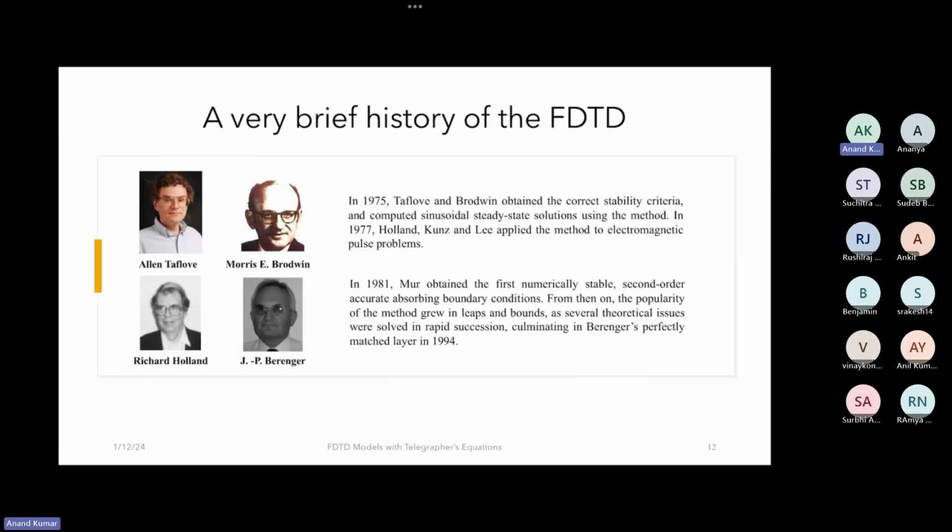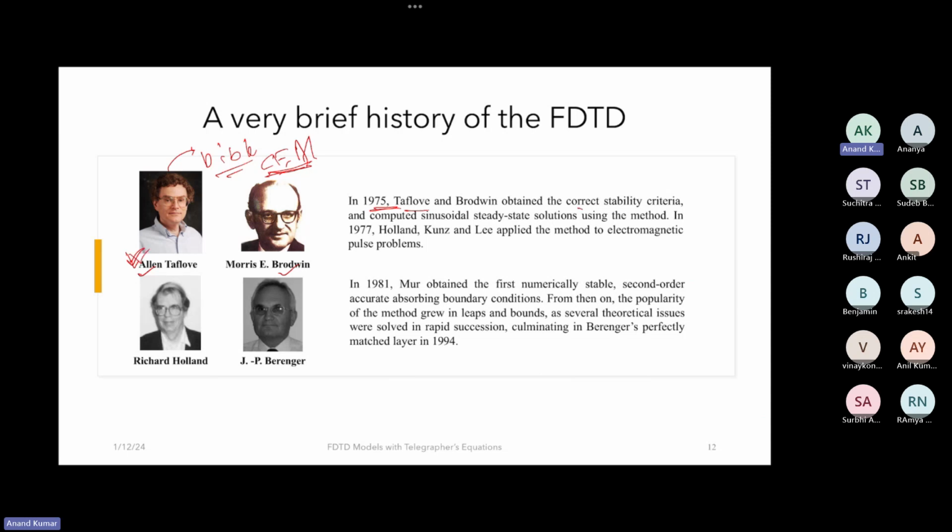In 1975, Taflove and Broadbent, and Taflove has written the Bible of CEM, which is a very good textbook. It is also very advanced. So at the end of this course, maybe you can try reading the text from Taflove.